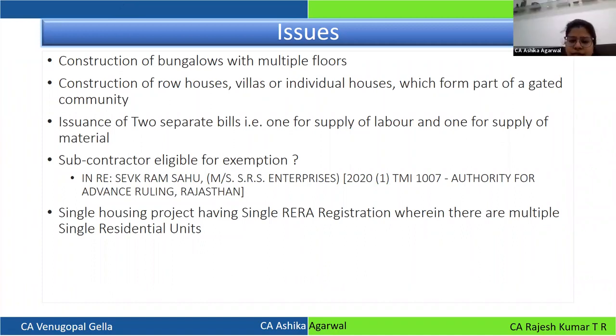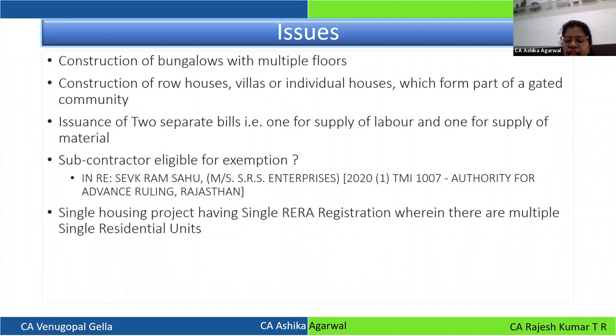Now, another part of it is, suppose we don't qualify under this exemption, what can we do? Because, as I discussed, the end party, either a developer, landowner, or any ultimate consumer for whom you are doing this work, is not eligible for ITC.